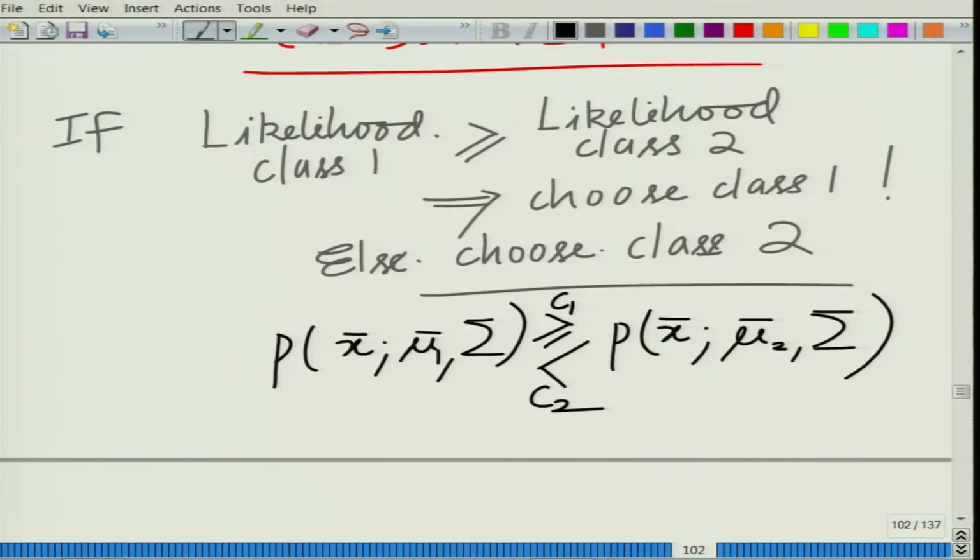So this automatically tells you the classification rule. If the likelihood corresponding to class 1 is greater than or equal to the likelihood corresponding to class 2, choose class 1, else naturally choose class 2. Essentially, this is the simple rule for this classification problem.